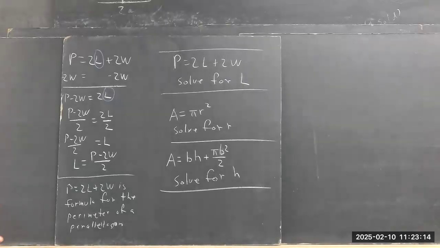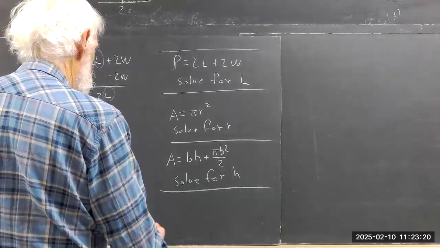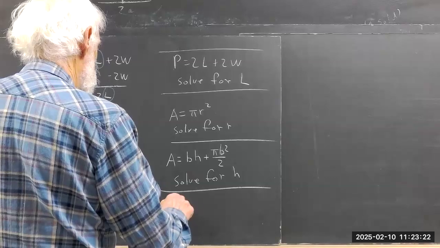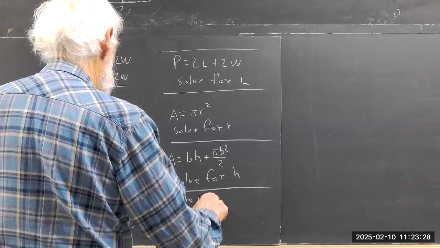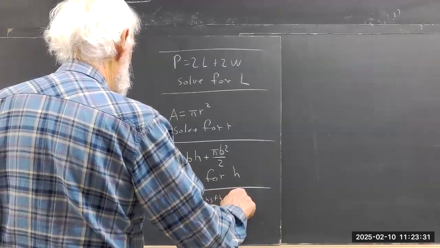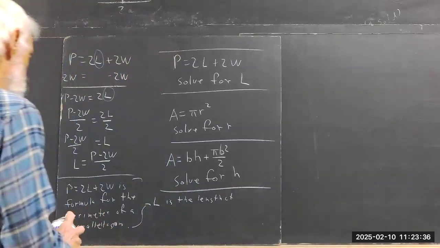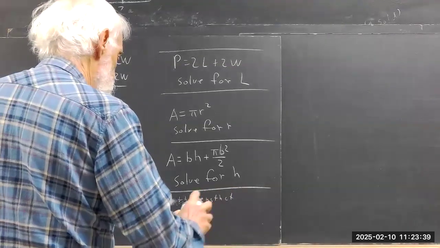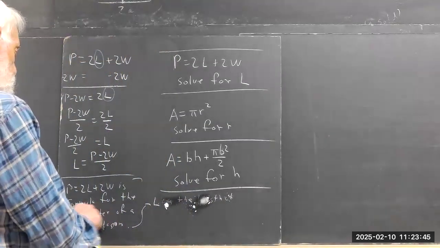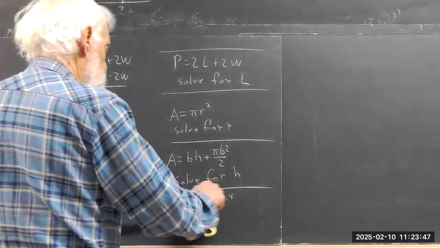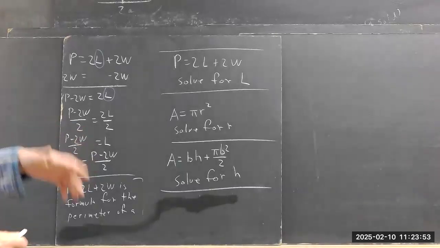Okay, formula for the perimeter of a parallelogram. Now I'll just continue this on the flow. Actually, if we use L and W, we're probably talking about a rectangle. Now, the formula for a parallelogram is the same, except we'll probably use B and H for base.